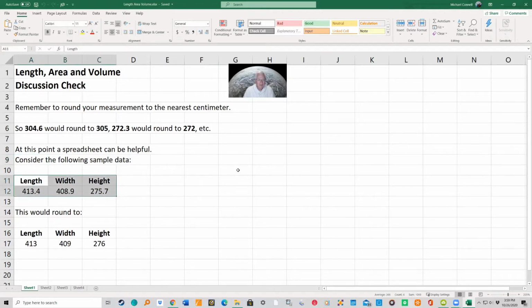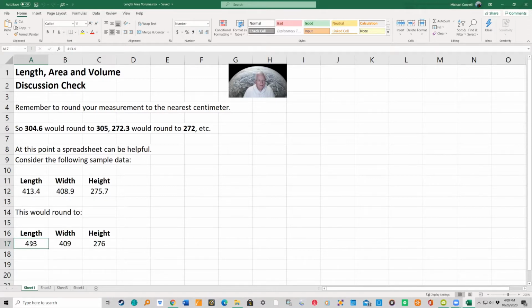All right, let's say we have a room that was length 413.4 centimeters, its width was 408.9 centimeters, and its height was 275.7 centimeters. I copied that and I pasted it down here. Now what happened? How did I get this to look different?